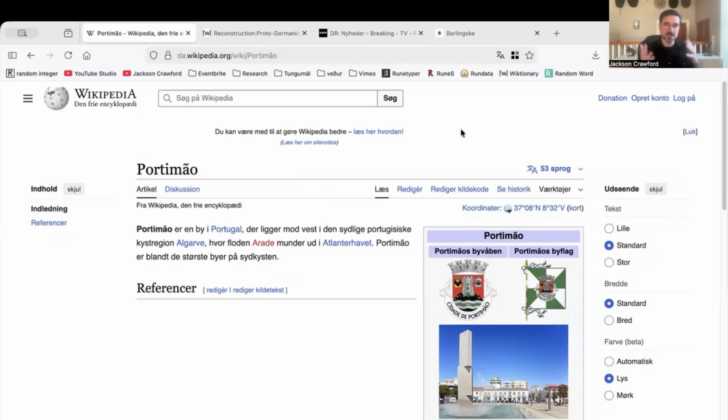So, for example, let's say that I'm really trying to learn Danish. Use Danish Wikipedia when you're curious about something, right? You just found out that a friend is from Portimão. I'm not going to look that up in English Wikipedia. I'm not going to go to en.wikipedia.org. I'm going to go to dk.wikipedia.org and look this up and get my information that way.